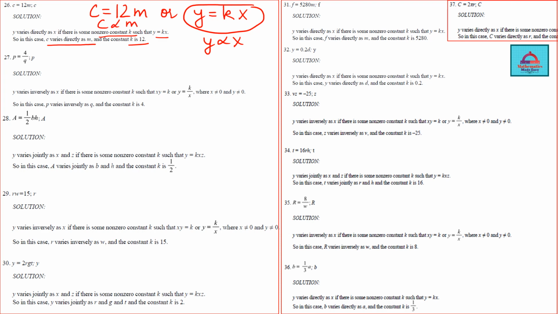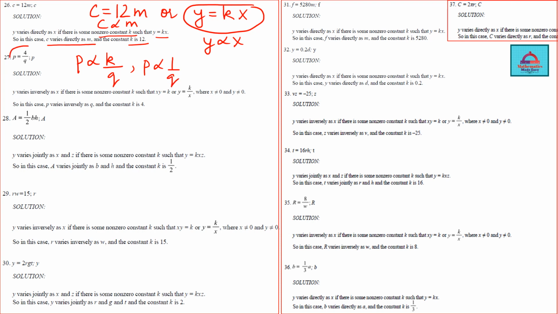Next is P equal to 4 by Q. Now, Q is in the denominator, so this cannot be a direct variation. We can say P is varying as k over Q, so P and Q are inversely related. P varies inversely as Q. So this is a question on inverse variation. What is the value of k?